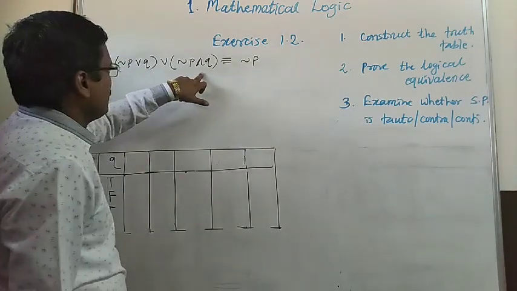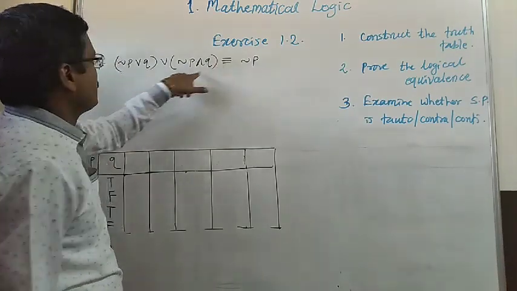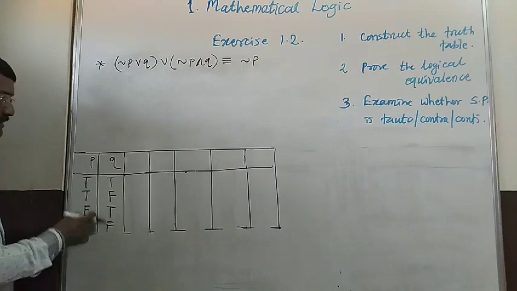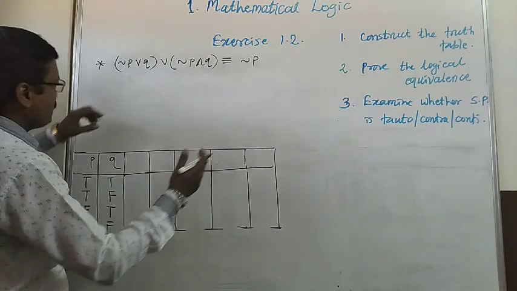These two statement patterns contain only two statements, P and Q, so we need a table containing 5 rows. Now let us form the columns.